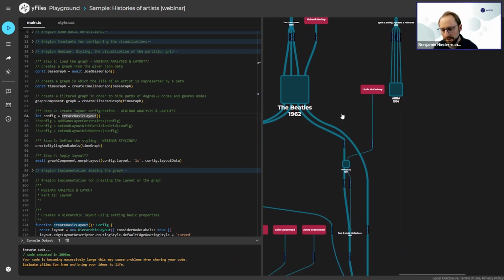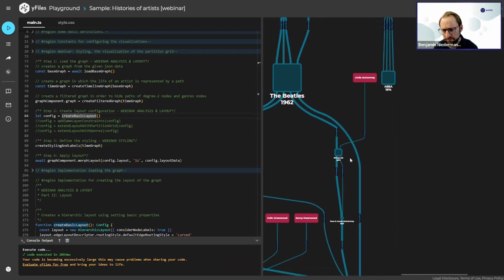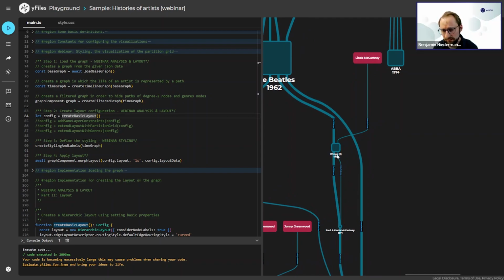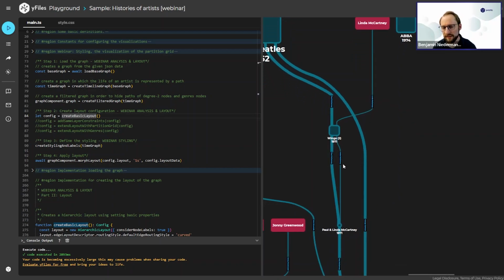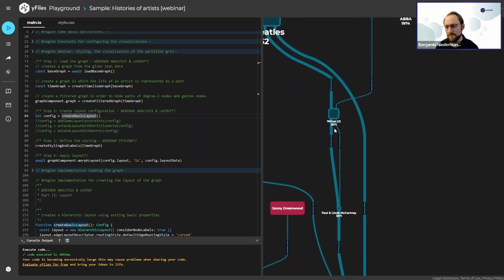Another thing is that, for example, we have here this group Wings, and then also here this group Paul and Linda McCartney, and they both are from the same year. And actually, the data does not tell us which of these music groups was founded first. Of course, what we could do is annotate the data and say which was the first one, and then create the graph structure.